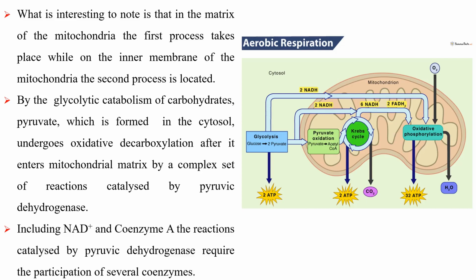What is interesting to note is that the first process takes place in the matrix of the mitochondria, while the second process is located on the inner membrane of the mitochondria.